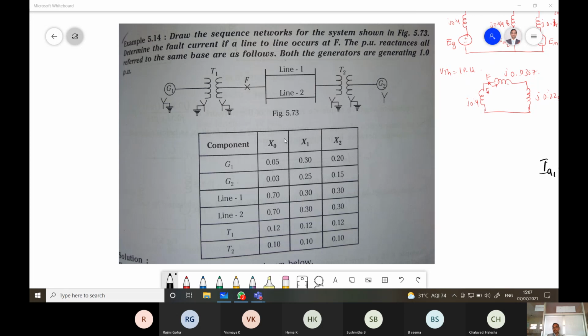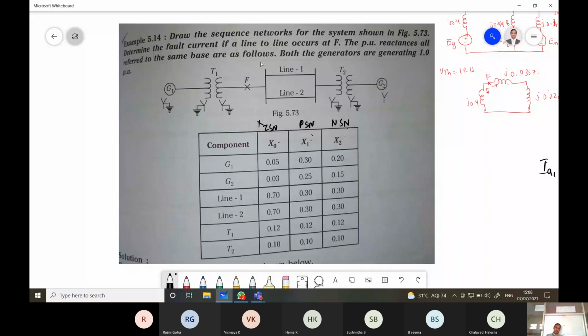So in the table he has mentioned zero sequence, positive sequence and negative sequence network. For double line fault, it doesn't require zero sequence component, right? To find out the fault current, we just require X1 and X2 values, that is positive sequence network reactance and negative sequence network reactance. This is ZSM, this is not required.